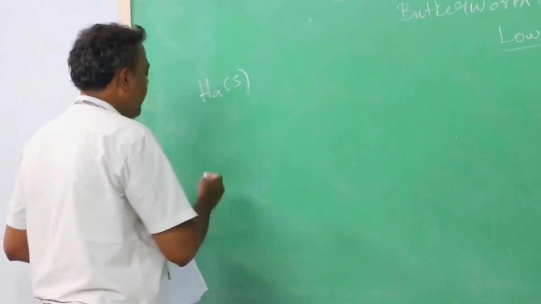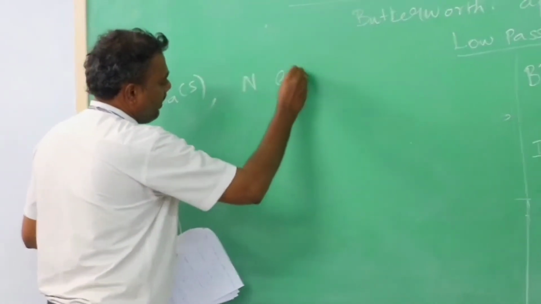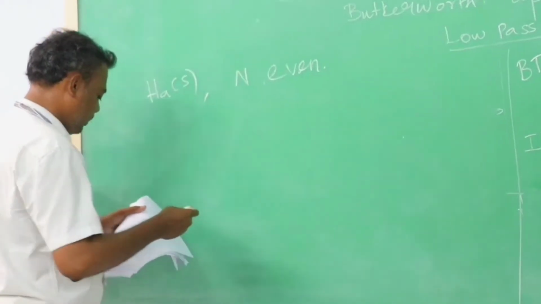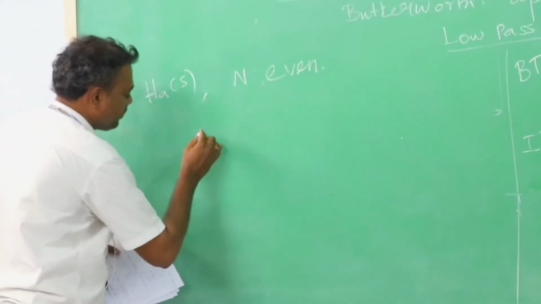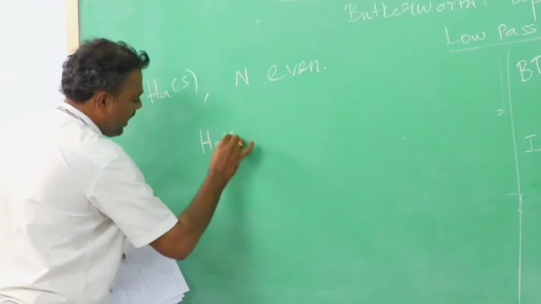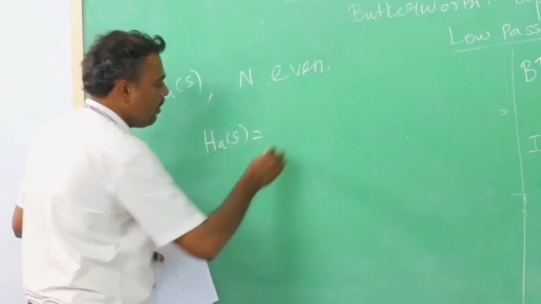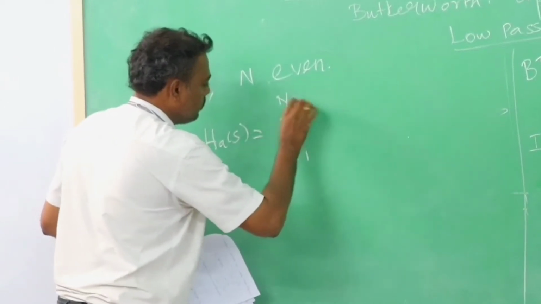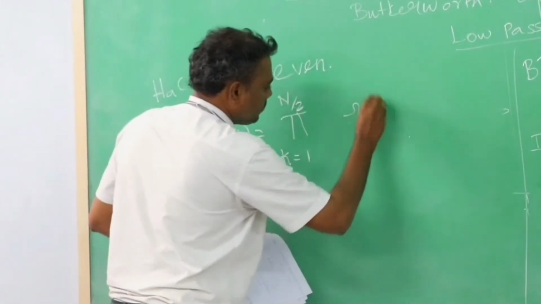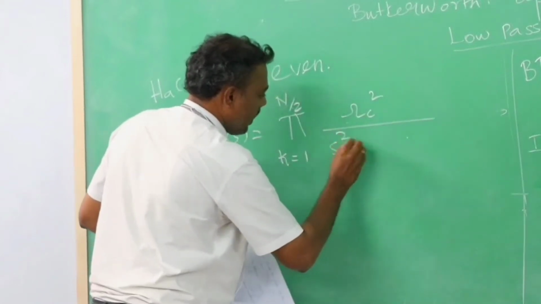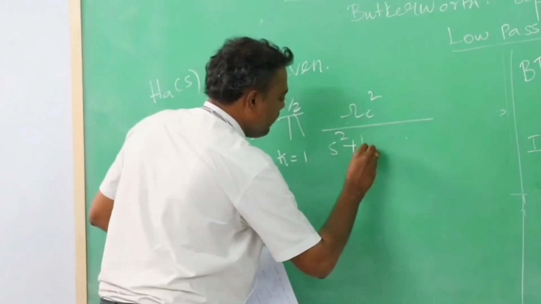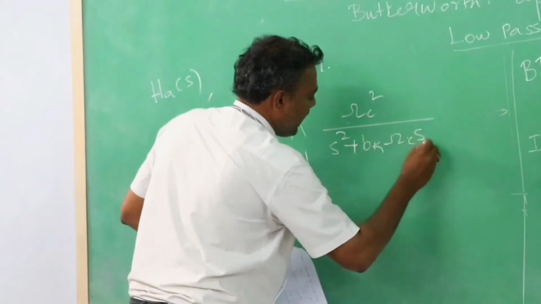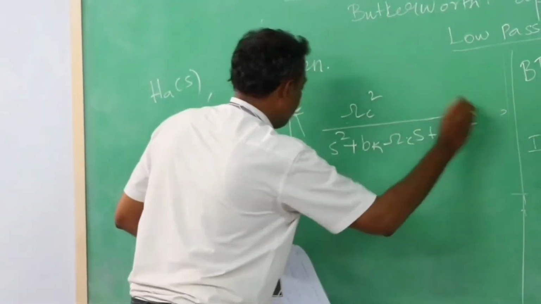Here, when n is even, the unity DC gain filter is expressed as HA of S equal to the product for k varying from 1 to n by 2 of ohm C square divided by S square plus bk ohm C S plus ohm C square.